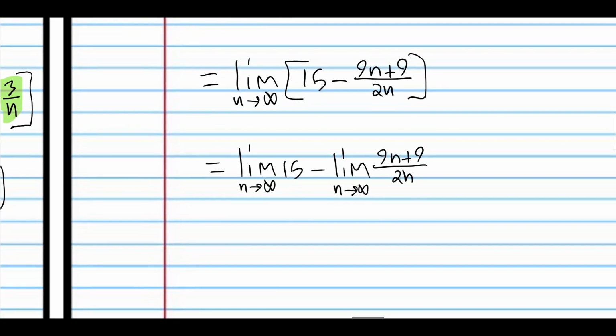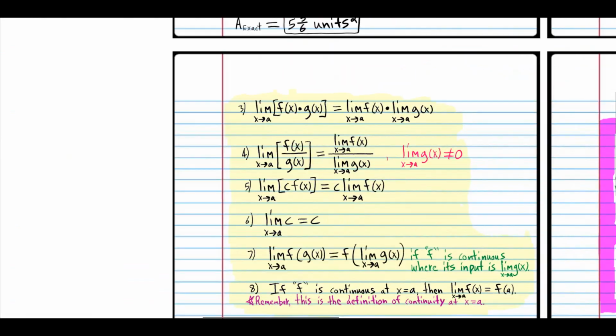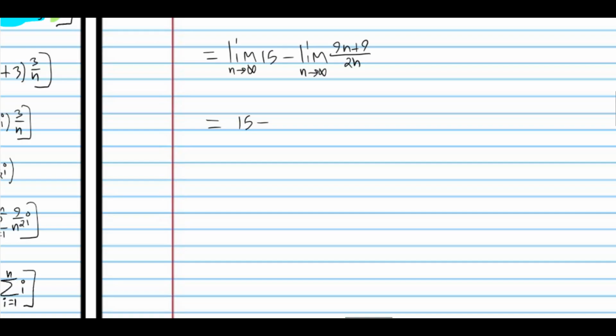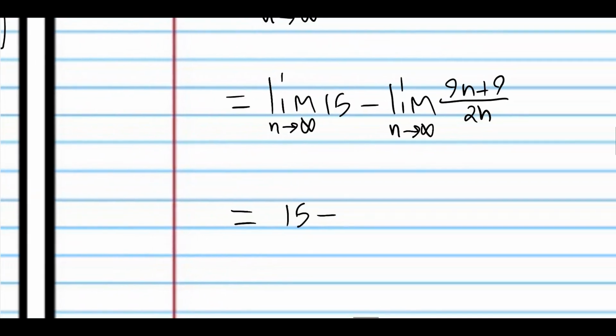So now, the limit of a constant is just a constant. That is limit law number 6, you see that? We learned that quite a while ago in this class. I know it's been a while, but I'm going to say limit law number 6.